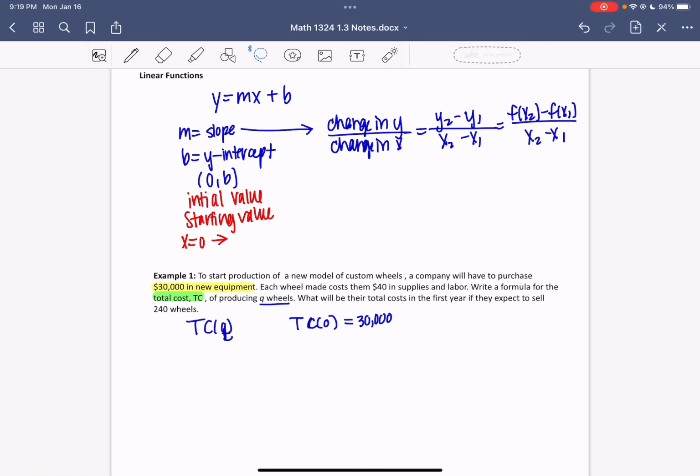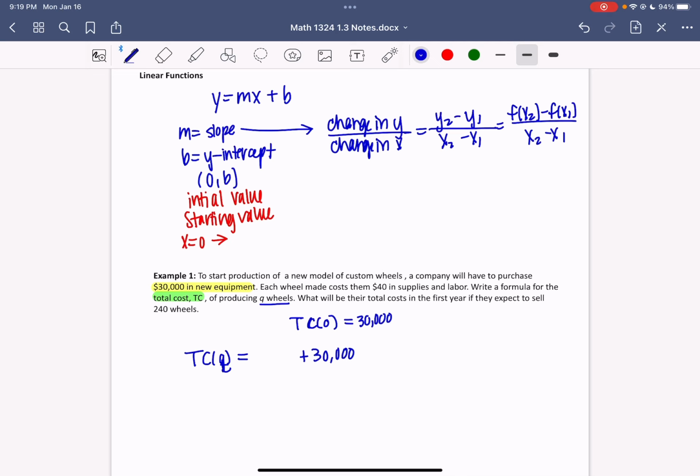And so if we're looking at that y equals mx plus b situation, we're going to take this TC of Q and start with the addition of 30,000 right off the top. We haven't produced anything. We just know that we're out 30,000 on our costs.